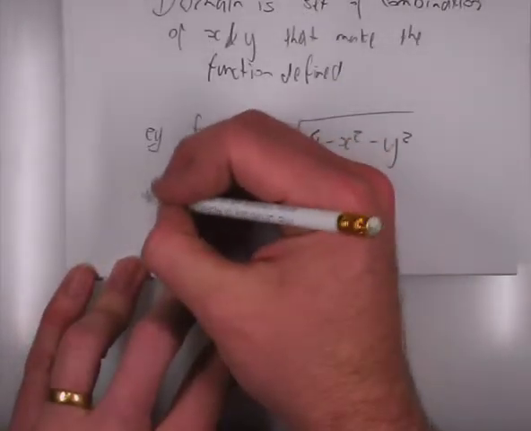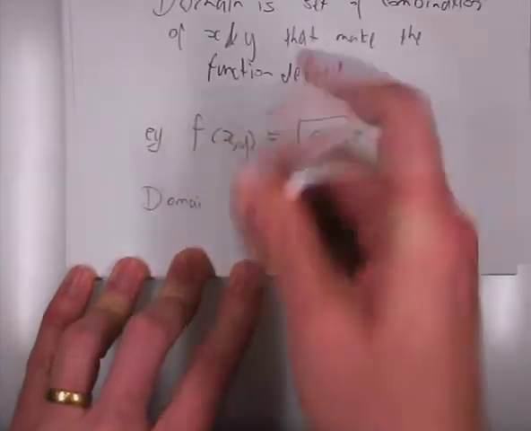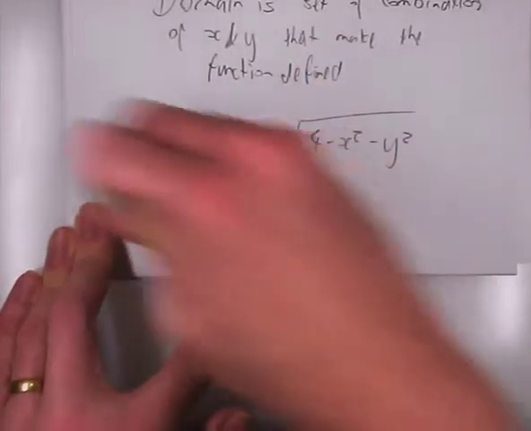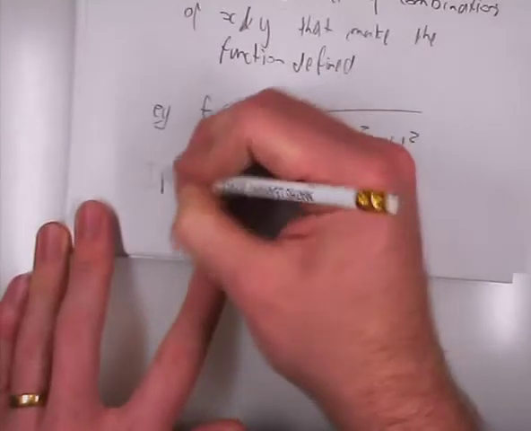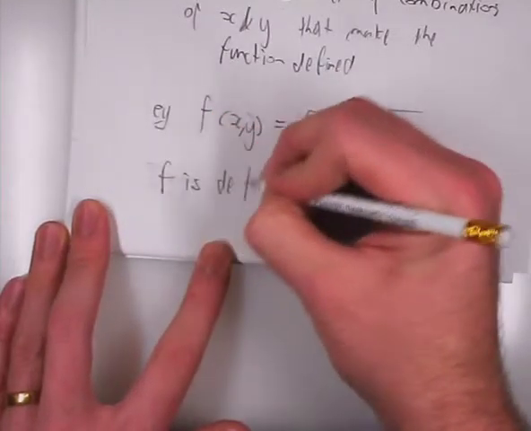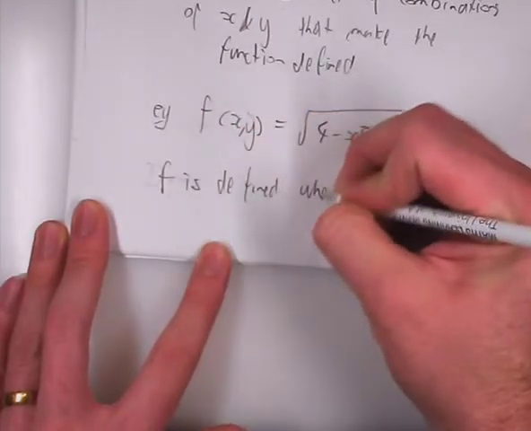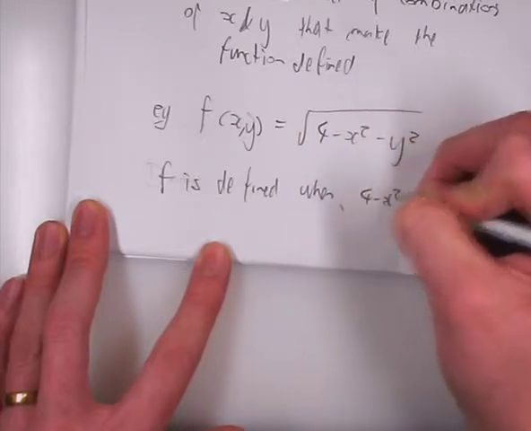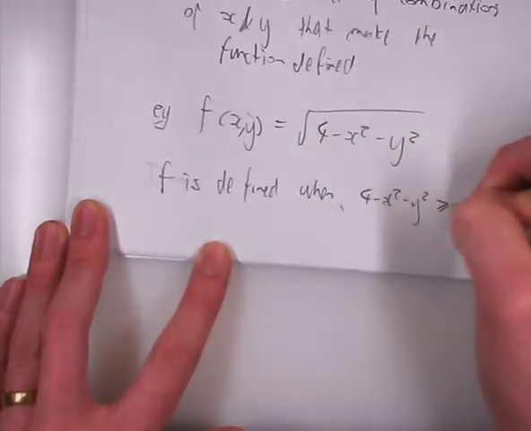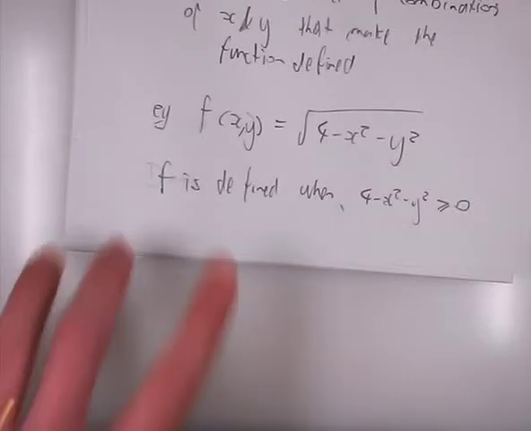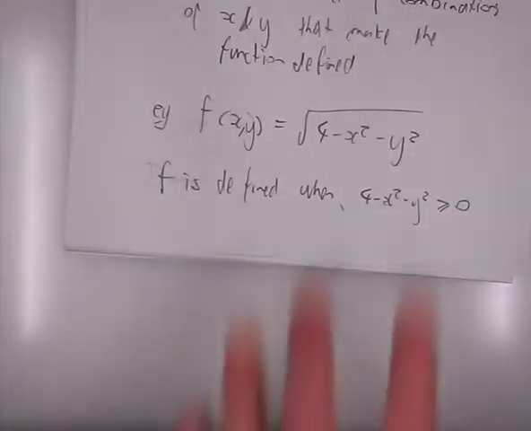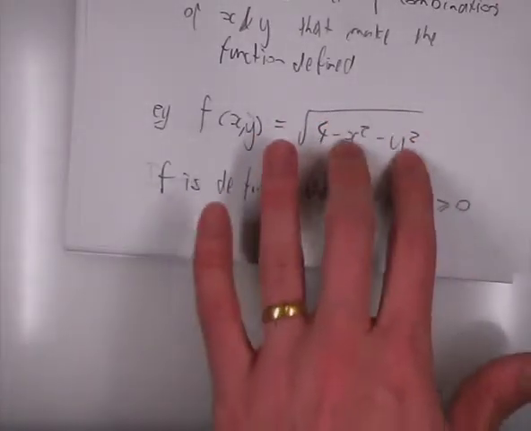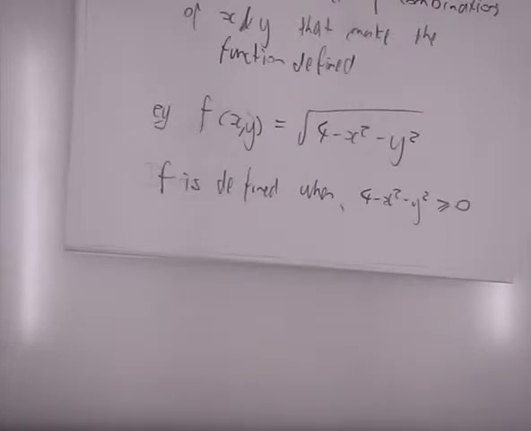So the domain, let's go back a bit. F is defined when 4 minus x squared minus y squared is positive, or 0. That's just saying, well, this number here, whatever it is, it can be 0. I'm allowed to do the square root of 0, but it can't be negative.